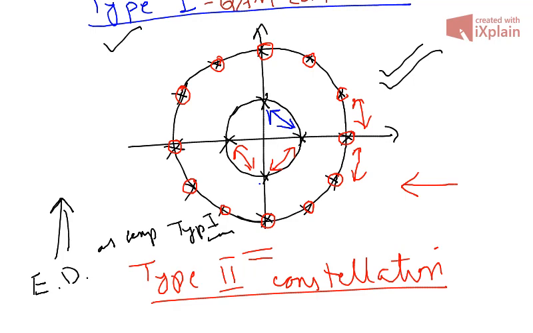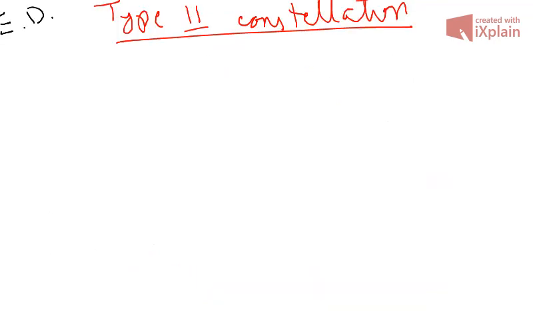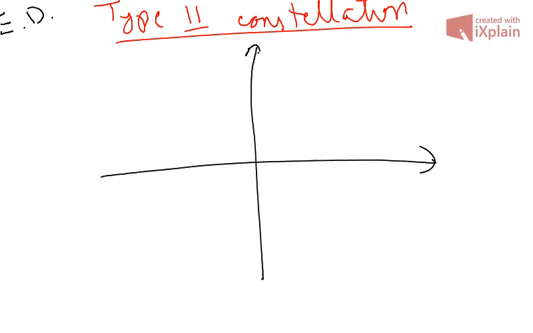Well, in 4G, neither of these two constellations is followed. The constellation which is actually followed in 4G is known as the square QAM, where the signal points are arranged like this square.